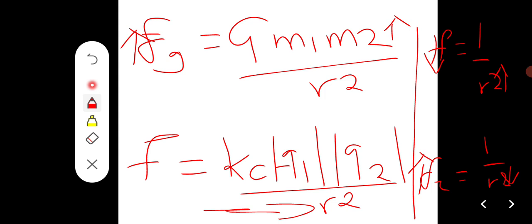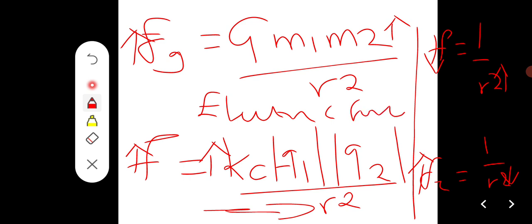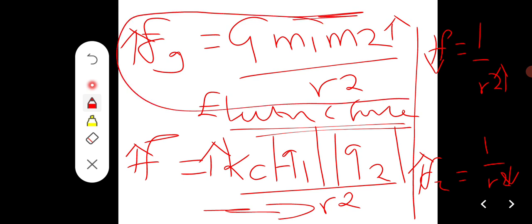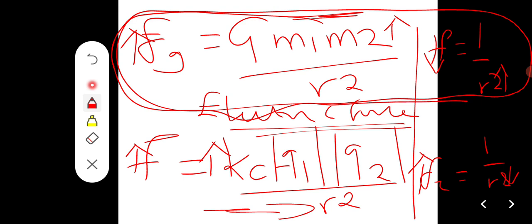Similarly, if you increase the charges, the electric force will increase. So this is for the electric force, then this is for gravitational. You saw this formula last semester, and they will talk about this when you are covering the same topic.